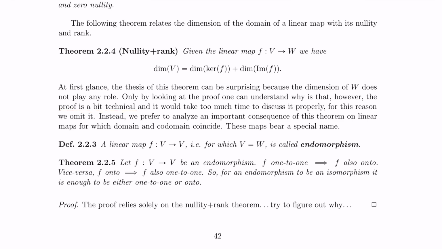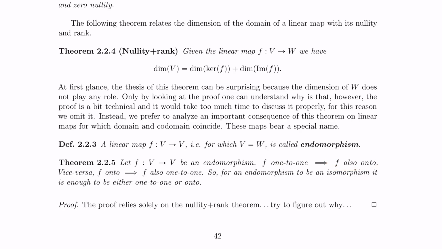Instead, what we are going to do is to discuss the consequences of the previous theorem for a linear map for which the domain is equal to the codomain. Such a linear map is called an endomorphism. As a very nice and easy exercise, you can prove using the nullity plus rank theorem that if f is an endomorphism which is one-to-one, then it is also onto, and vice versa.